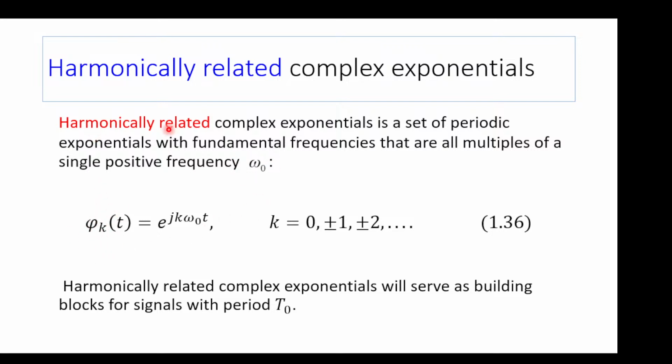We call them phi k. Phi k of t equals e to the j k omega naught t. The important thing here is the k. k is a multiplier here, and it's an integer: 0, plus or minus 1, plus or minus 2.